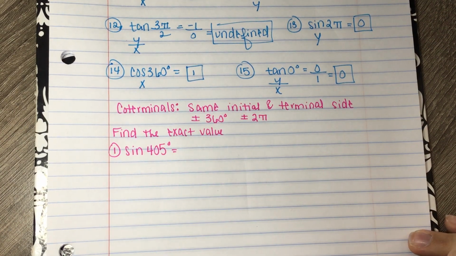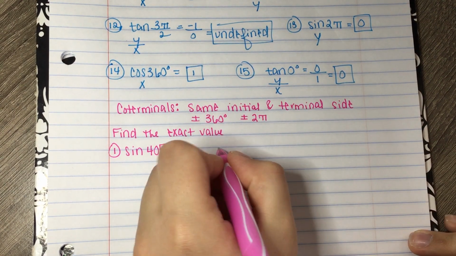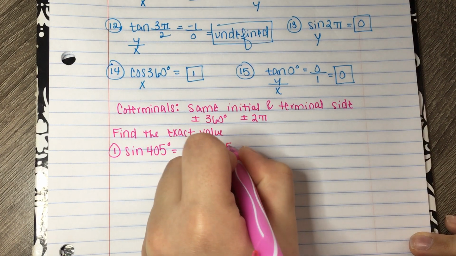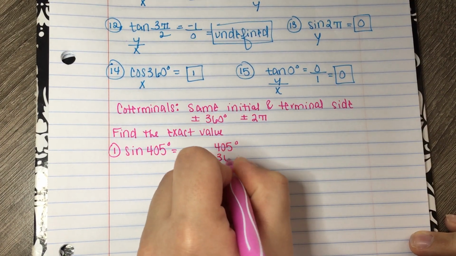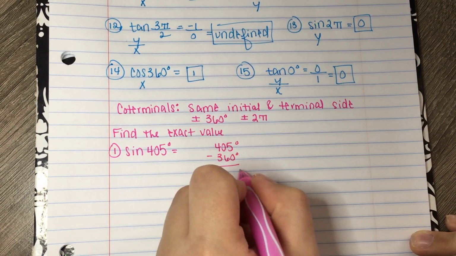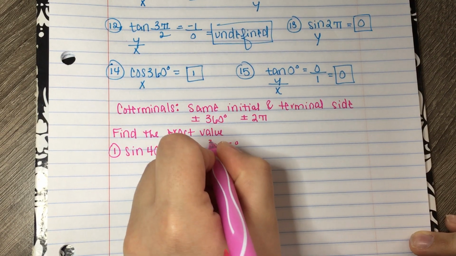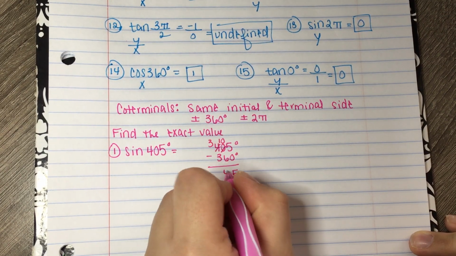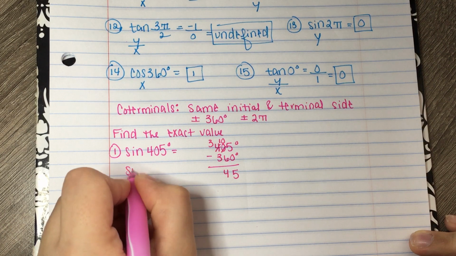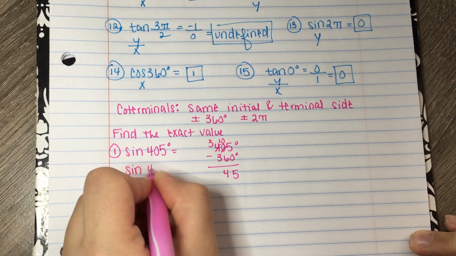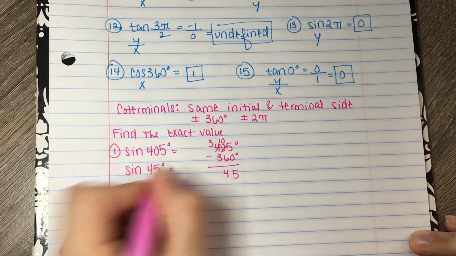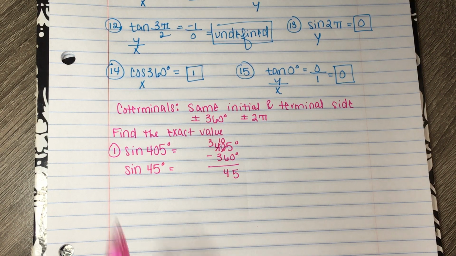I know that this is past 360 degrees, so I want a coterminal. So I'm going to take 405 and subtract my 360 degrees. I have 5 minus 0, which is 5. I borrow from the 4, and then I have 45 degrees. So sine of 405 degrees is the same as sine of 45 degrees. That's because 45 degrees and 405 degrees are coterminal.